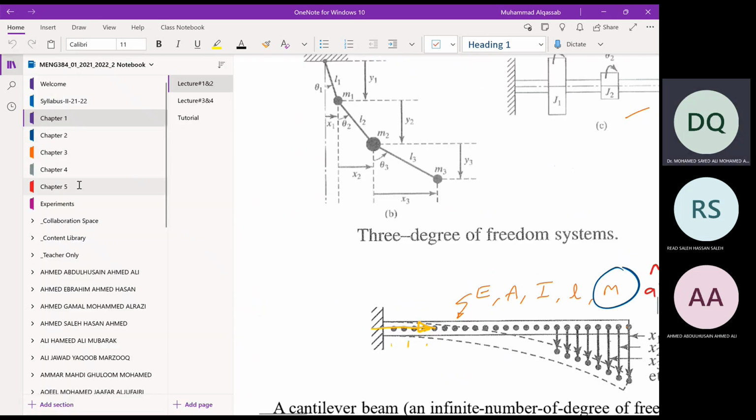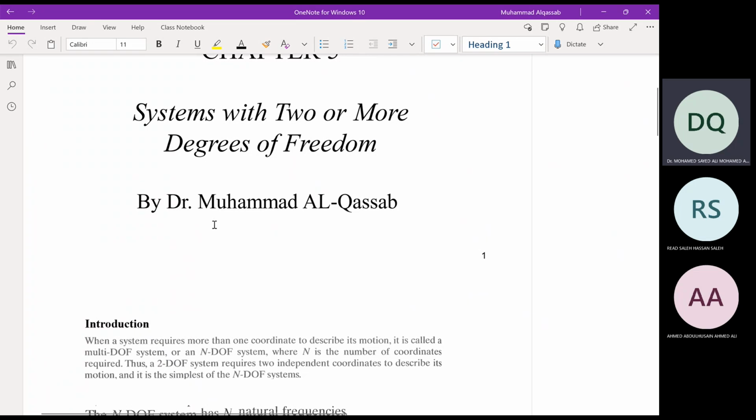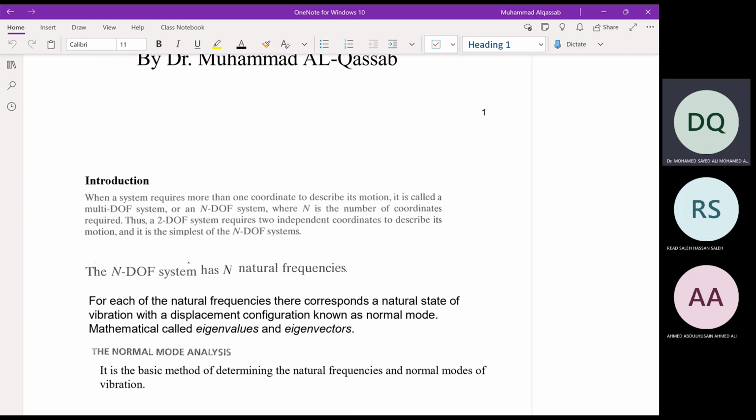When you have 2 degrees of freedom, it means the system in free vibration will have two natural frequencies. If the system has 3 degrees of freedom, then there will be 3 natural frequencies. So the number of natural frequencies in the system equals the number of degrees of freedom. What we did so far had only one natural frequency.